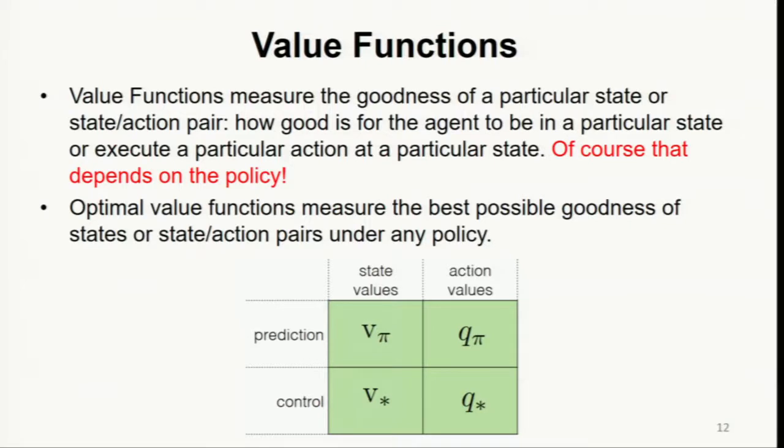How good is it for the agent to be in a particular state or execute a particular action at a particular state? Of course, that depends on the policy. Optimal value function measures the best possible goodness of the state or state-action pairs under any policy.